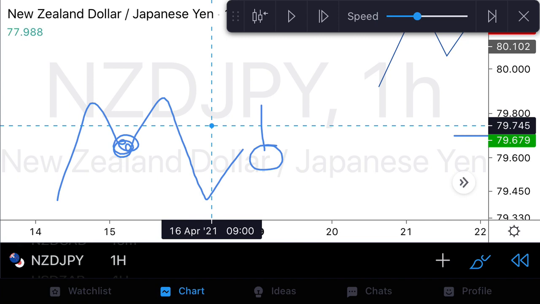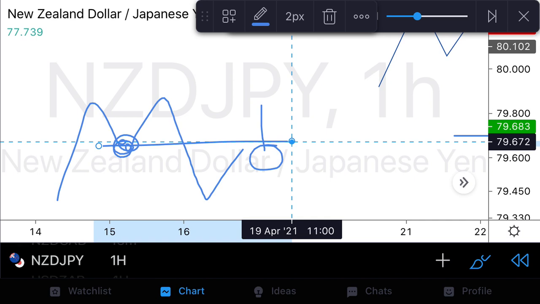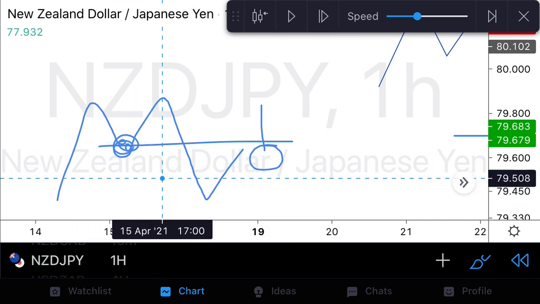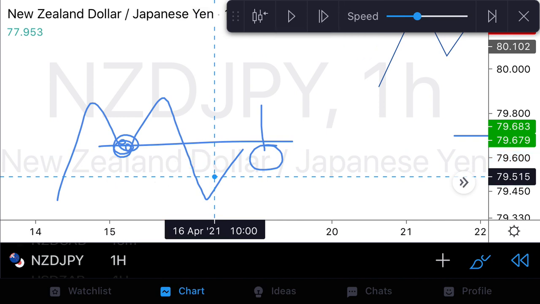Why do we wait to see a rejection first from a level? Because we want to see price respecting previous support now as resistance. So we first wait to see the rejection. The rejection shows us that there is a reaction happening from this area where we expect the market to react. So that's the first thing that we look for.